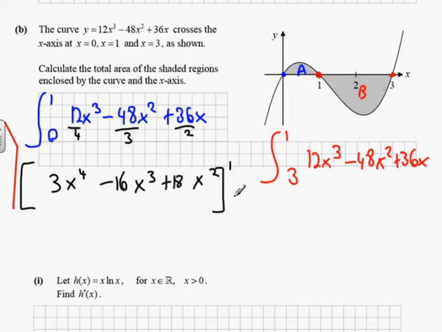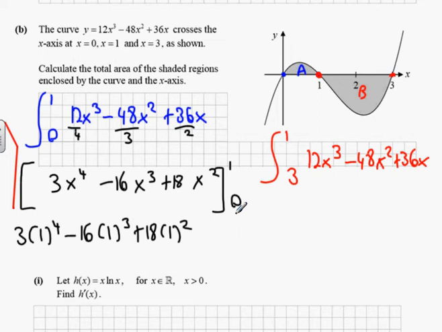And now it's from 0 to 1. To do this, it's going to be 3 times 1 to the power 4 minus 16 times 1 to the power 3 plus 18 times 1 to the power 2, minus the same expression at 0: 3 times 0 to the power 4 minus 16 times 0 to the power 3 plus 18 times 0 to the power 2.